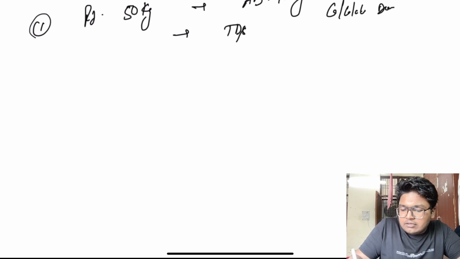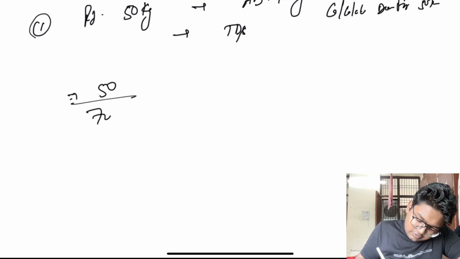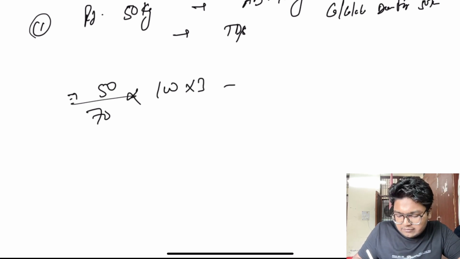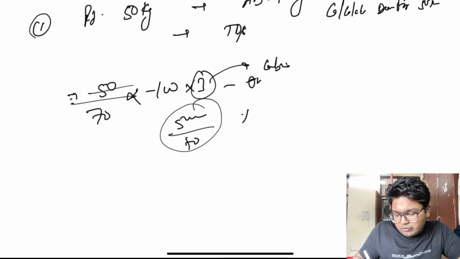Calculate dose for a 50 kg person. So you will write 50 upon 70 into 100 into 3 for TDS. So it will be 500 upon 70 for 1 TDS, and if you multiply it by 3, then for 1 day.